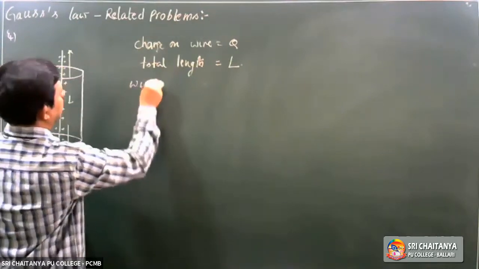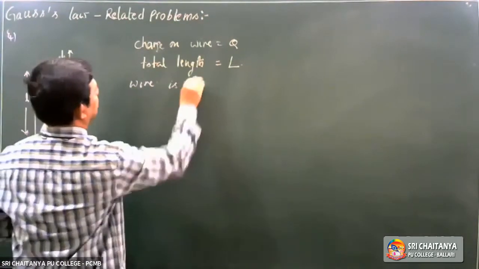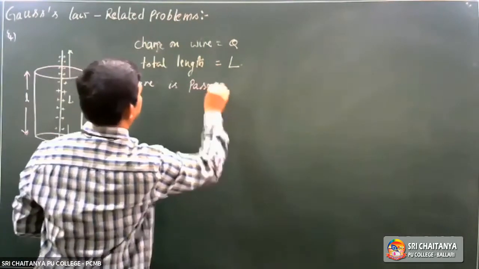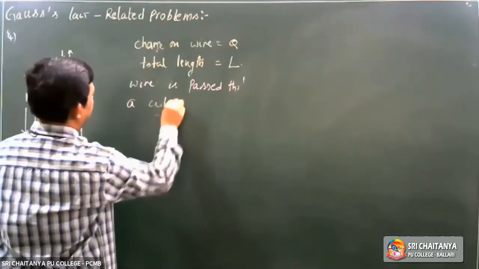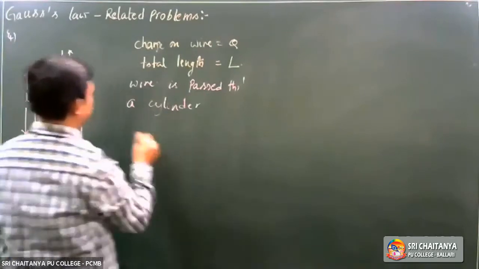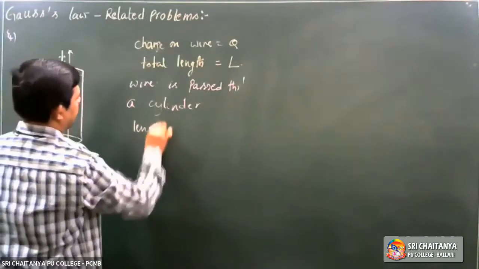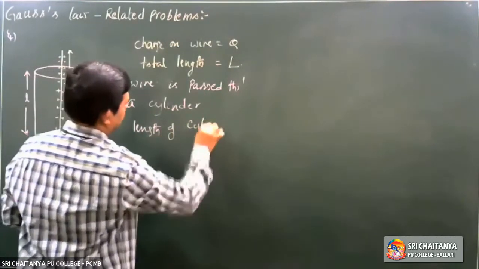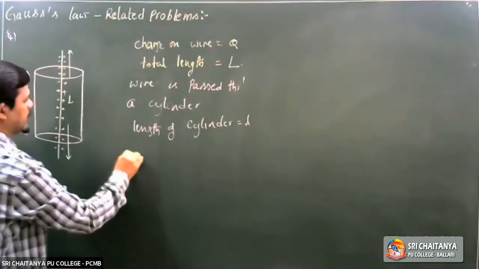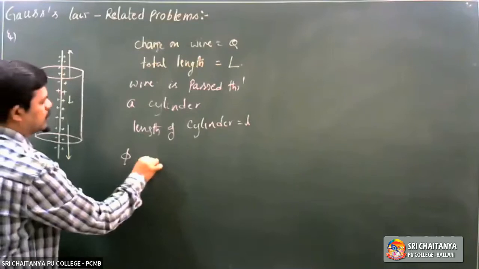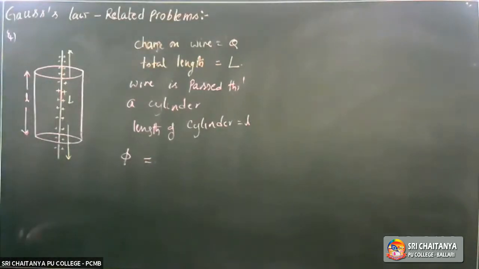A straight wire is passed through a cylinder. Length of the cylinder is l. Asked: what is the flux through the cylinder?